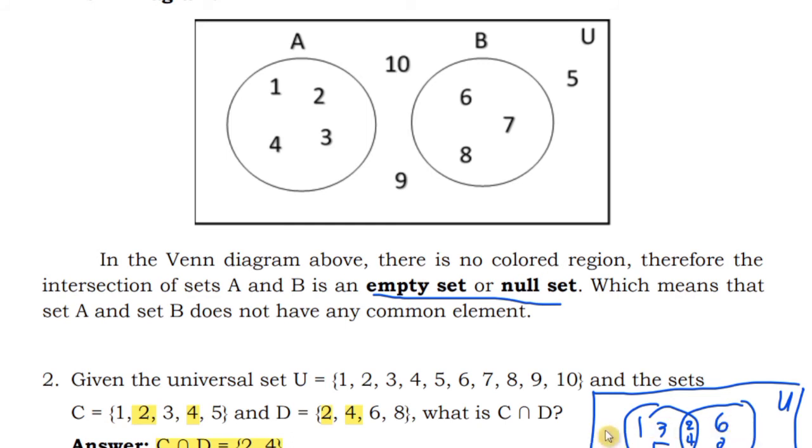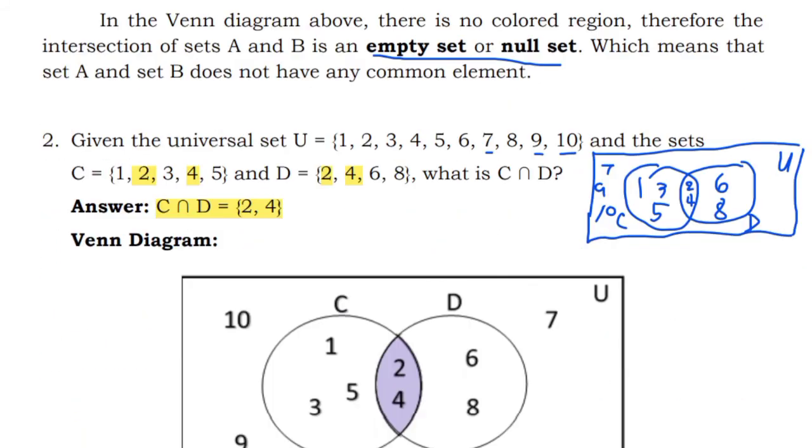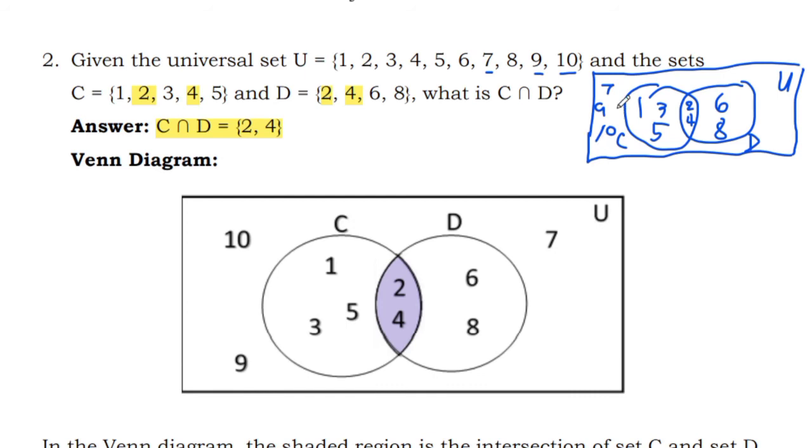So the 7, the 9, and the 10 we place outside the two circles but inside the rectangle. This is the same as the Venn diagram posted in our book, so in our module, this is how we write a Venn diagram.